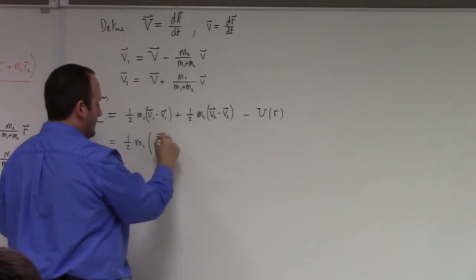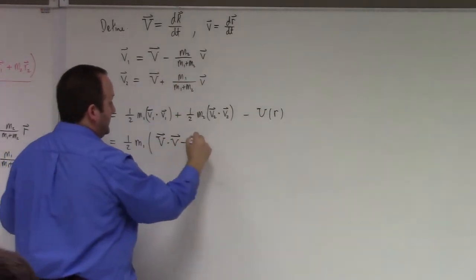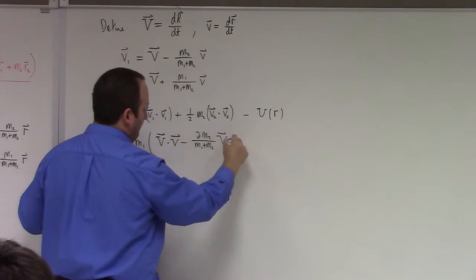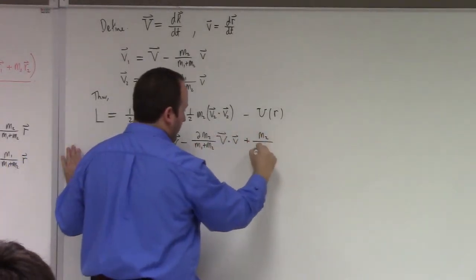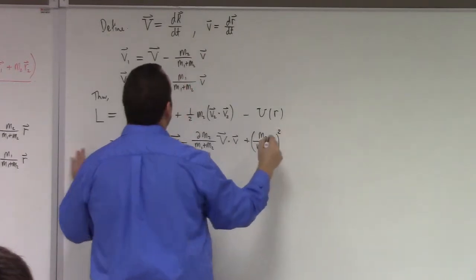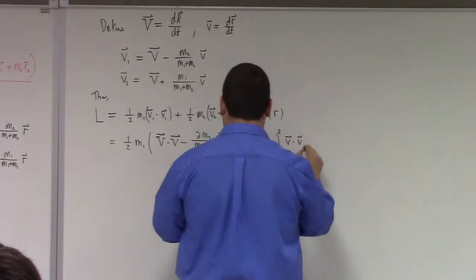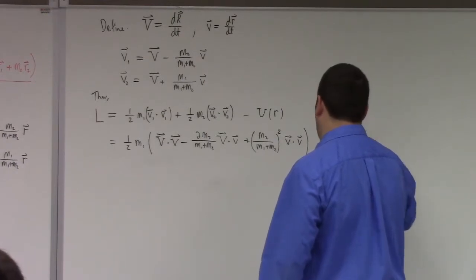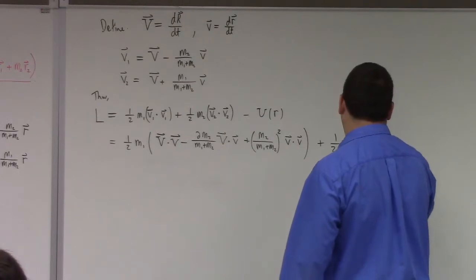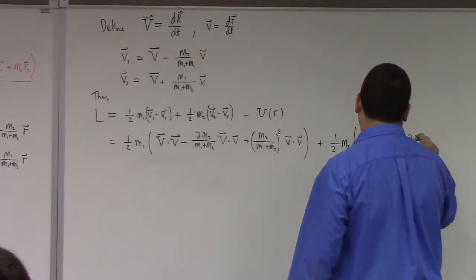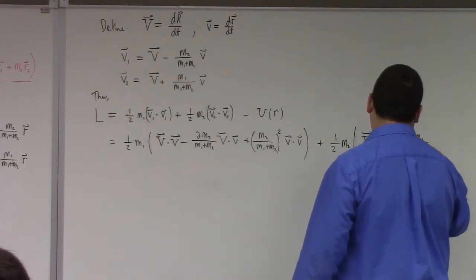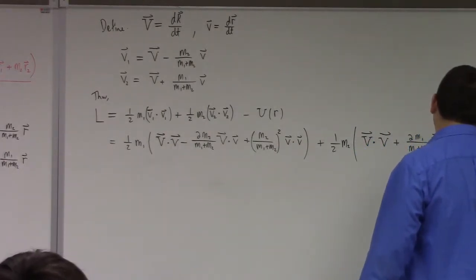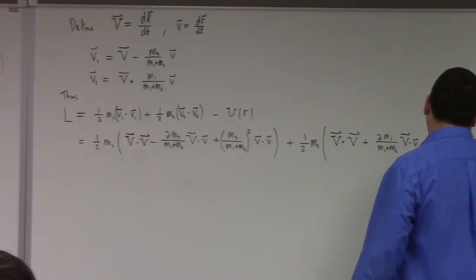You got yourself a big V dot big V, minus 2 m2 over m1 plus m2, big V dot little v, plus m2 over m1 plus m2, quantity squared, little v dot little v, plus 1/2 m2, and then again I get big V dot big V, this time plus 2 m1 over m1 plus m2, big V dot little v, plus m1 over m1 plus m2 quantity squared, little v dot little v.